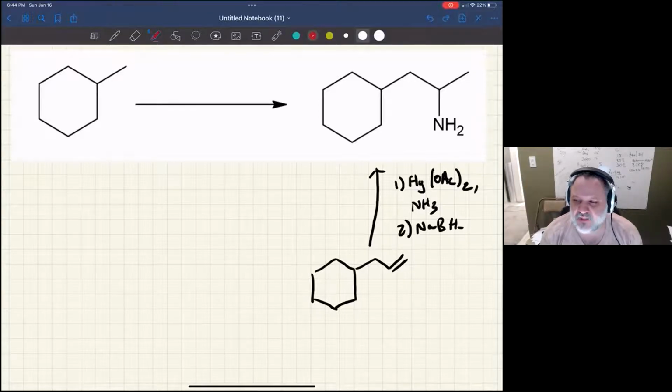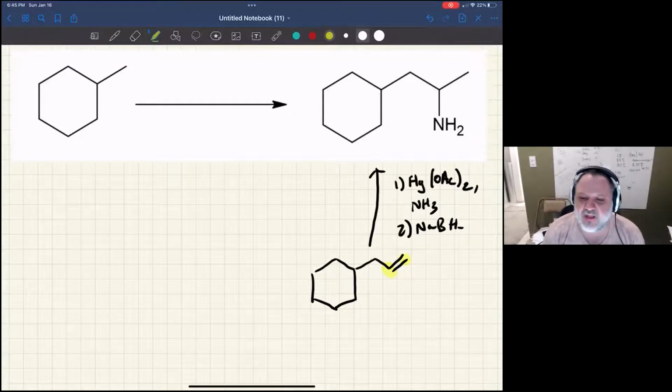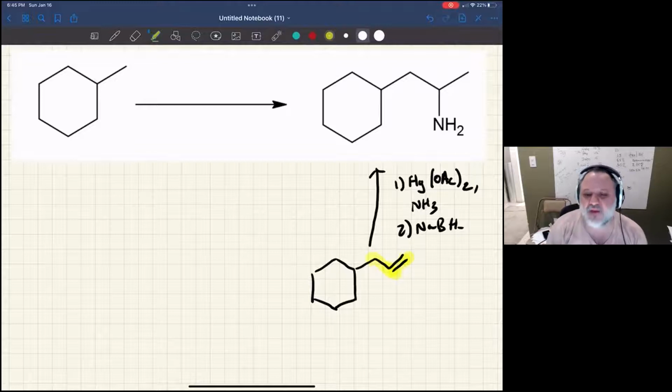If I did elimination, then I would have to have some leaving groups, either in this location or in that location. And if I think back one step, well, how did I get a leaving group on there? Well, then I'd have to do an addition reaction, which means that I'd either have to have a double bond in this place or a double bond in this place.